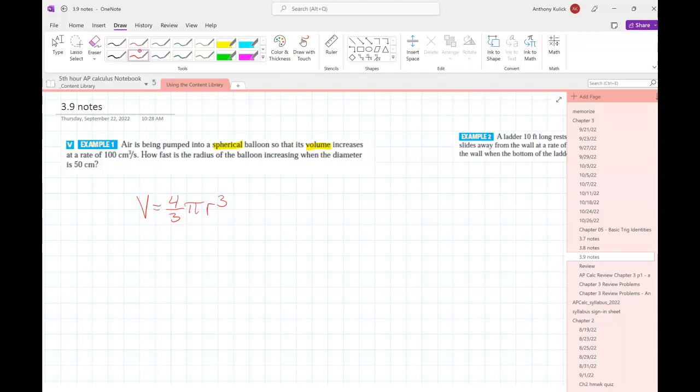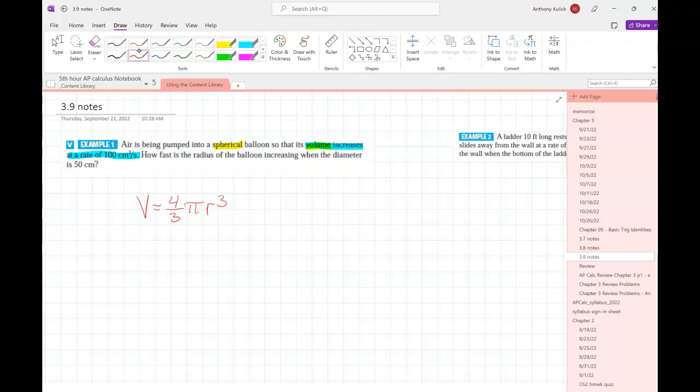Okay. After I've done that, I want to examine what quantities I'm given. So I'm told that the volume increases at a rate of 100 cubic centimeters per second. What is that number? Look at the unit.